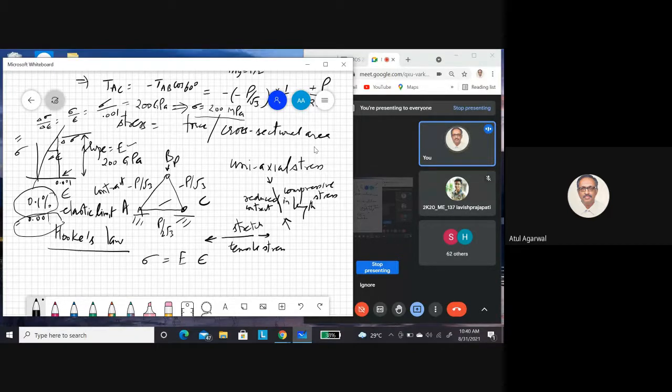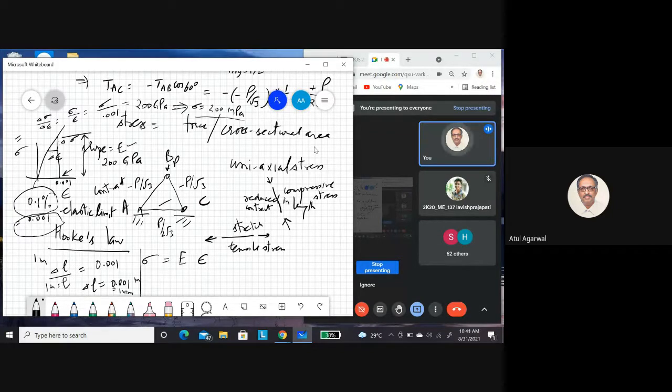So you see, this is a very small strain. Suppose you have a bar of length 1 meter. So what is the strain? Delta L by L. So this is 0.001 at elastic limit. After this, material will not be elastic. So what is the delta L? 0.001 meter, if this is 1 meter. So your change in length is 1 millimeter.